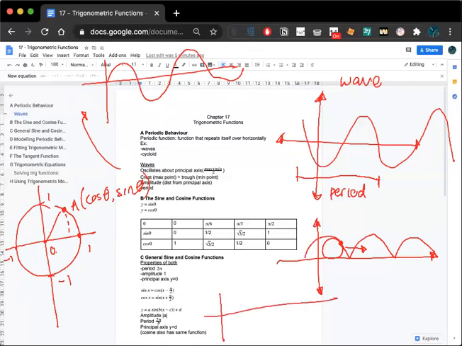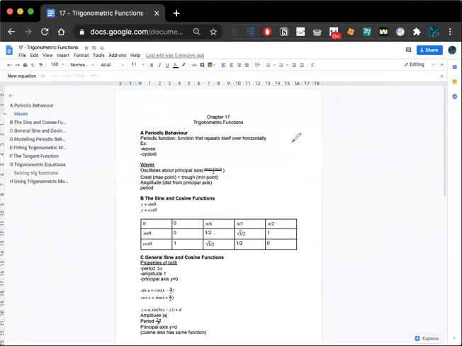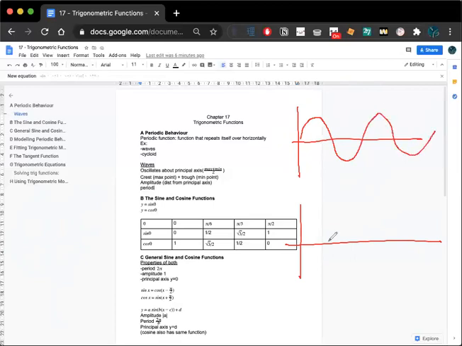Actually, let me clear this up so you can have a direct comparison. Okay, so this is sin, and this is cos. In this graph, the maximum points would be 1, and the minimum points would be -1.